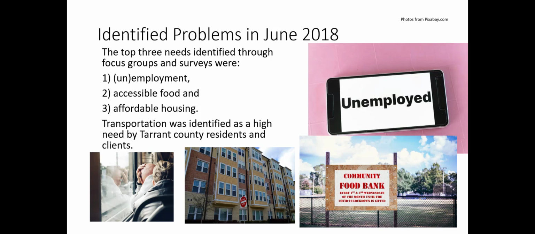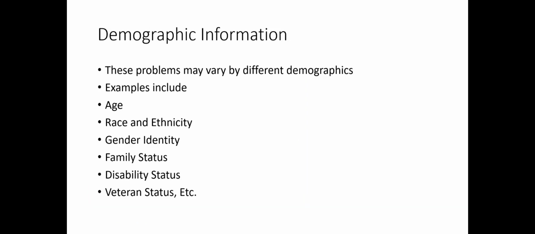So these are the top issues that were identified, but obviously again the data are 2 years old at least. So another part of the needs assessment just lays out the different demographics.